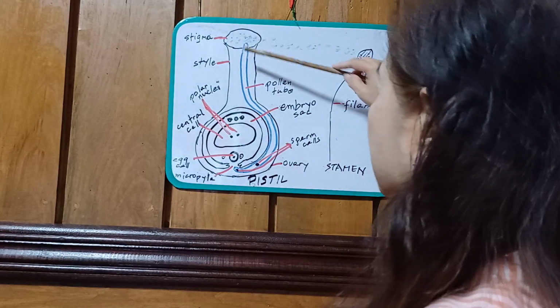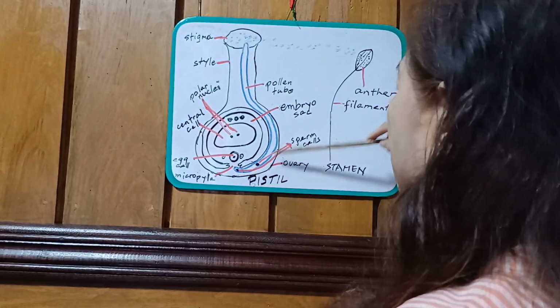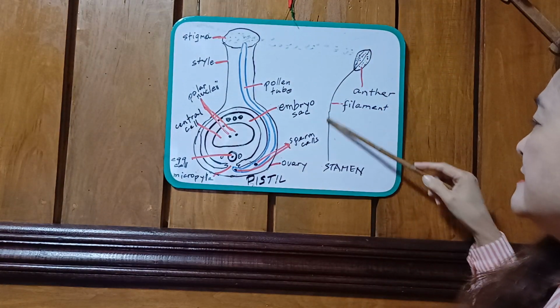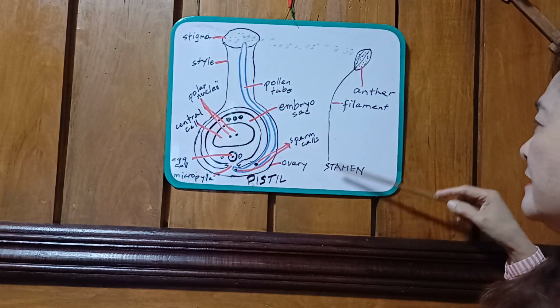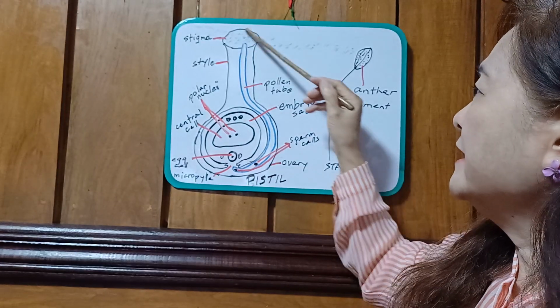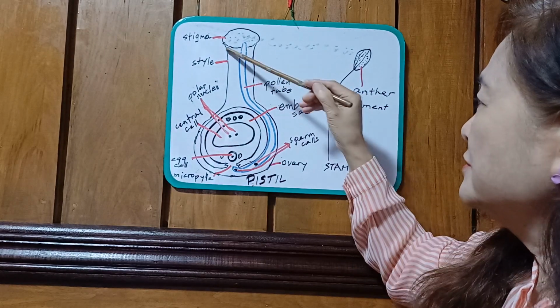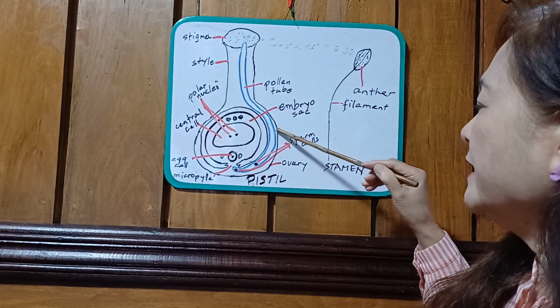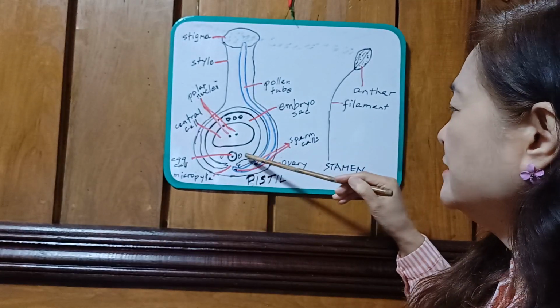Let me first present the reproductive structures involved. First, that's the anther, and that's the filament, together constituting the stamen. And here you have the stigma, the tube, which we call the style, and the expanded base we call the ovary, which in turn contains the ovule.